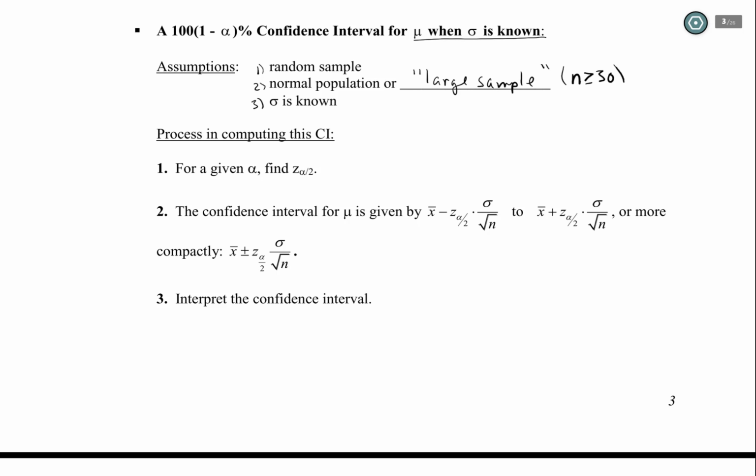First we find z sub alpha over 2. It's a percentile from the standard normal distribution for a given alpha. That is step 1, and it's determined by the confidence level of the confidence interval.